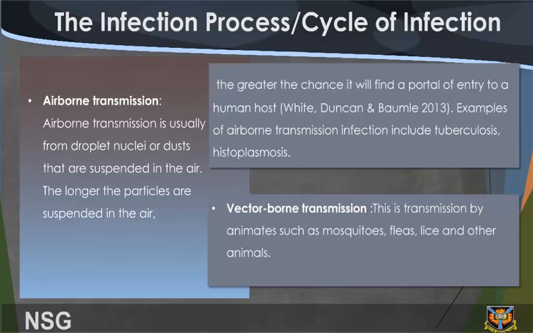Examples of airborne transmission infection include tuberculosis and histoplasmosis. Vector-borne transmission. This is transmission by animates such as mosquitoes, fleas, lice, and other animals.